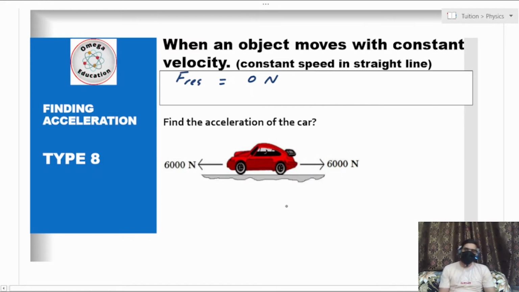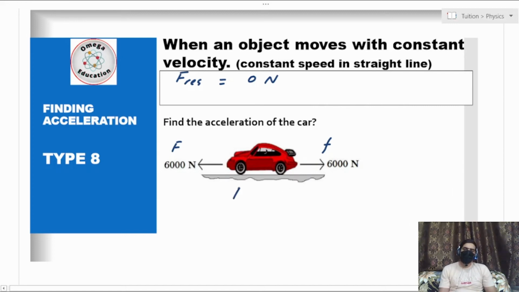You can take a look at the image below. The car is moving to the left and the driving force is 6,000 Newton. The car is moving at a constant speed and hence the frictional force equals the driving force, which is also 6,000 Newton, but in the opposite direction.